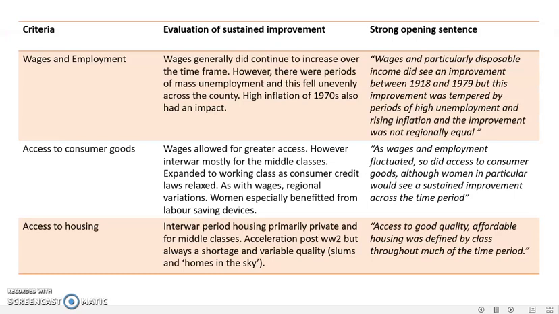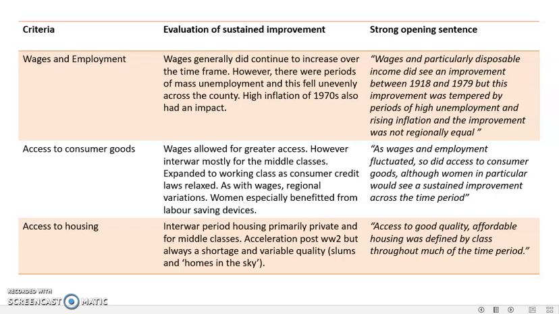So if I think about my criteria here on the left-hand side, well, how would I evaluate it? What would be the key evaluative and analytical points I would want to mention? If we think about wages and employment, think about the whole time period. Well, yeah, it did improve over the entire time period. People's disposable incomes did continue to improve.